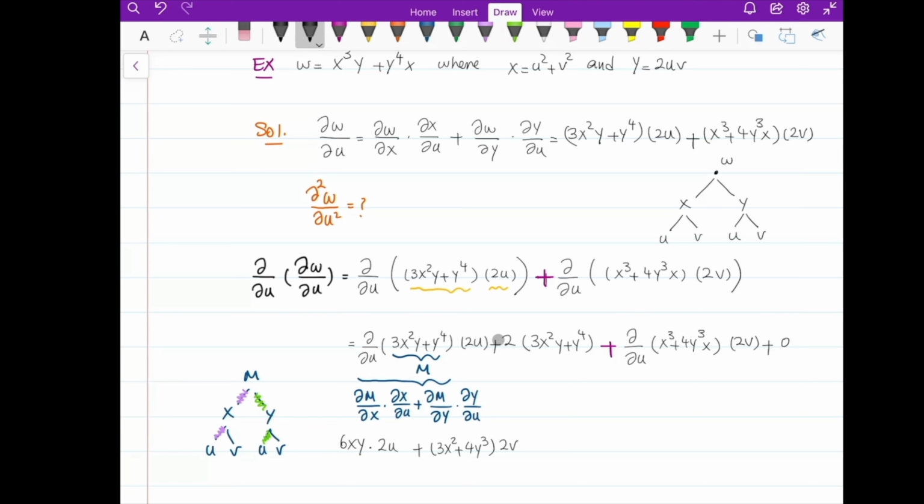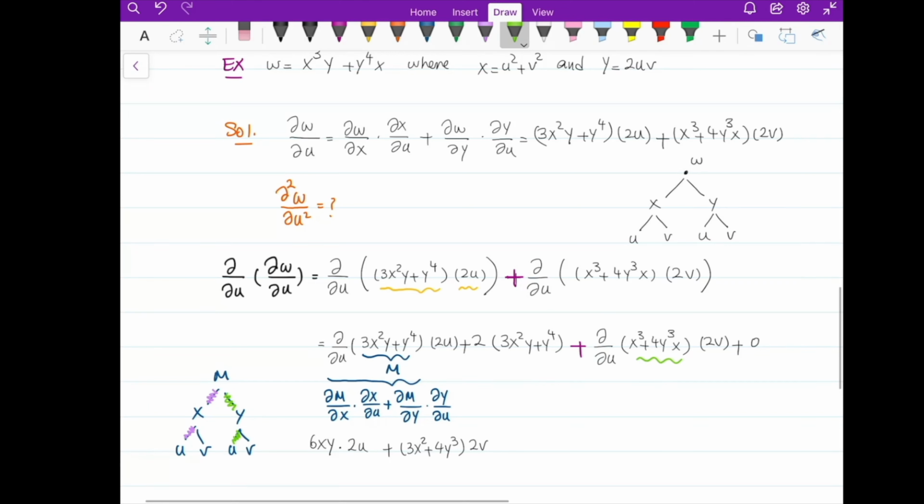Now I don't have anything to calculate right here, but I have the same situation for this part. As a practice, I can call it n. So you see, n is a function of x and y, and both x and y are functions of u and v. That's why to calculate derivative of n with respect to u, I can write derivative of n with respect to x, partial x over partial u, plus derivative of n with respect to y, partial y over partial u.